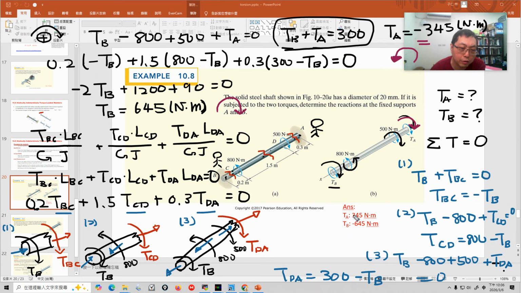So for the answer here, you will see this answer is positive 345 and TB is minus 645. I think this is because of the initial assumption.